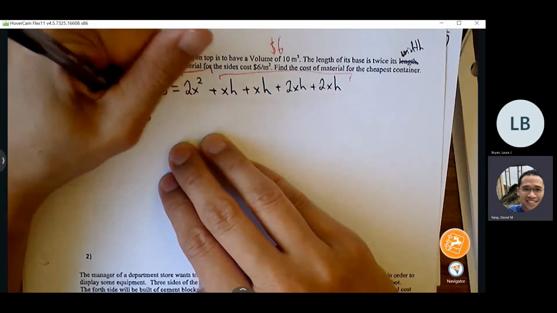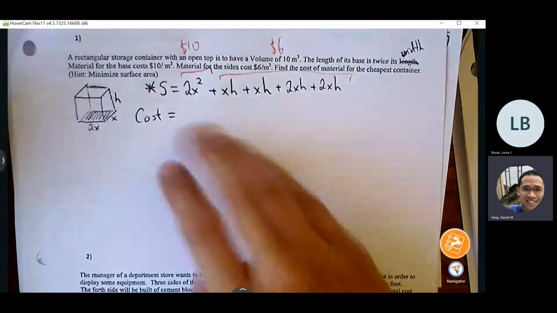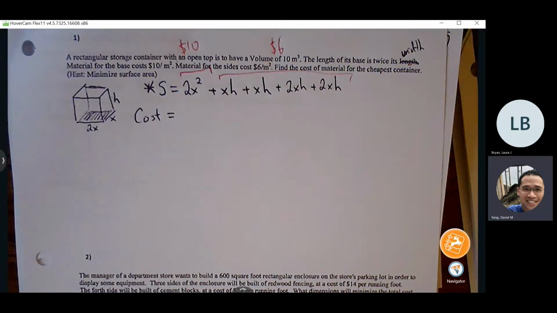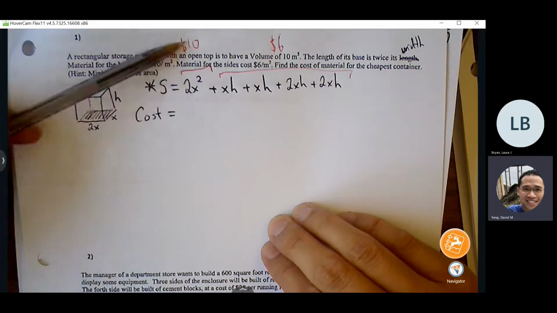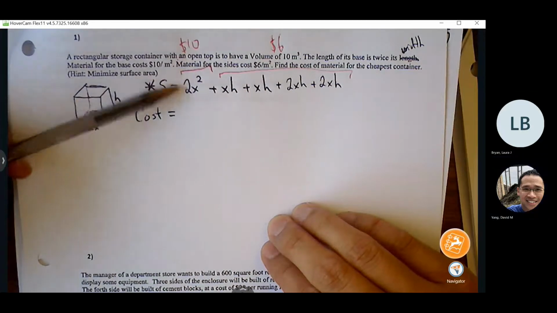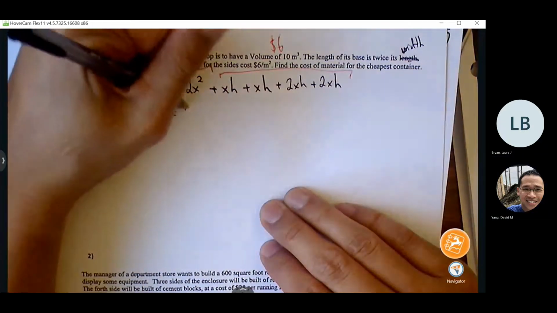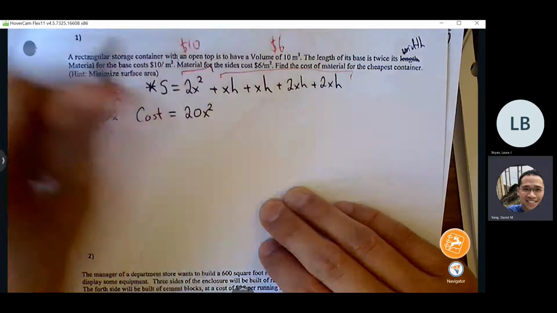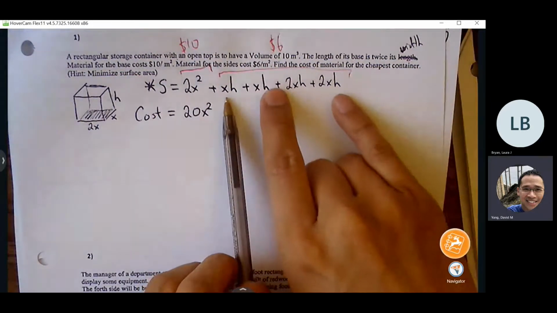So here's my cost equation. My cost equation is just merging surface area with the dollar amount. Okay, so I can multiply these. What does that give me? Maybe I want to merge these first here.